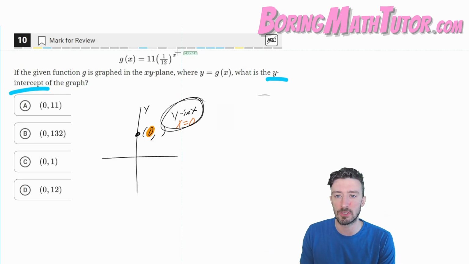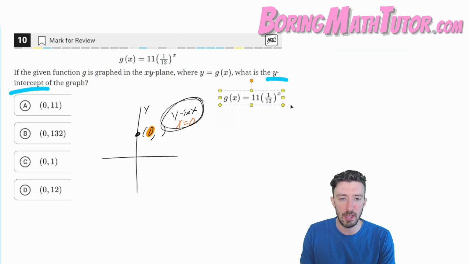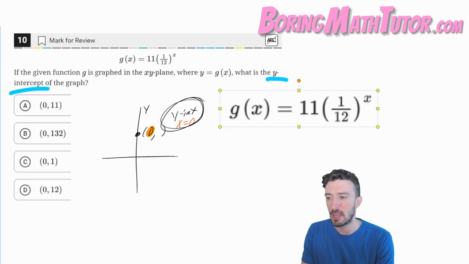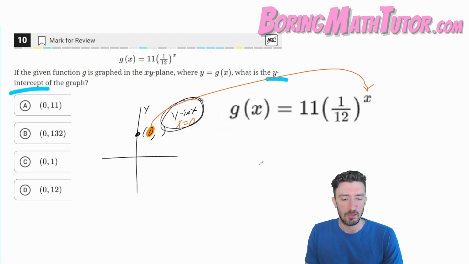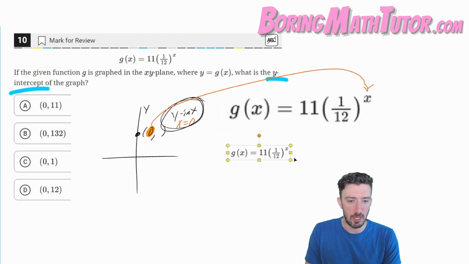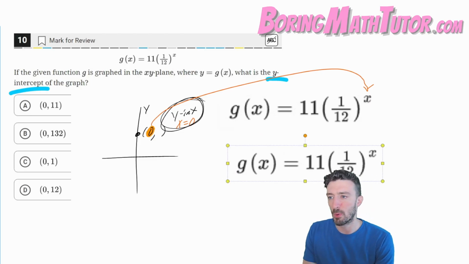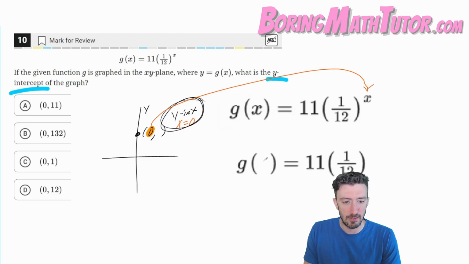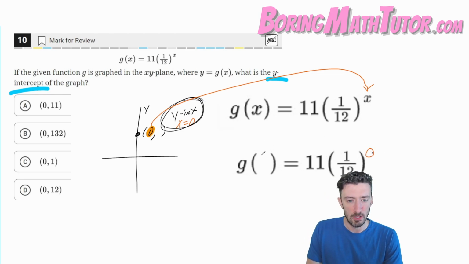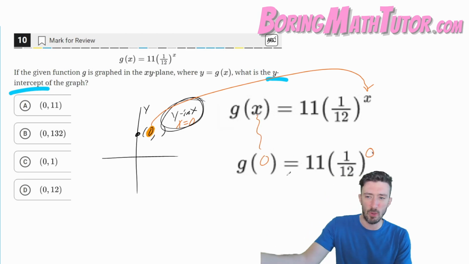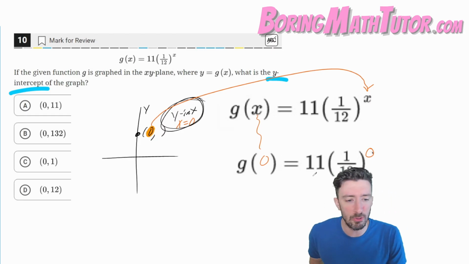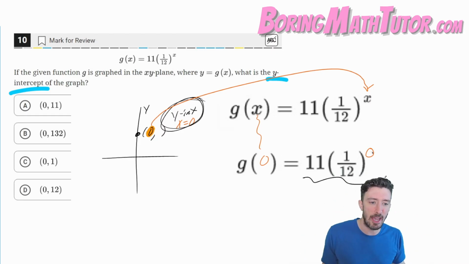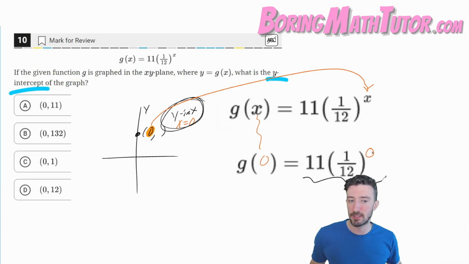So, all right, let's take our equation and then let's throw in a 0 for the x. Let's just copy that equation one more time, but wherever we see an x, we are now putting 0. So I'm putting 0 where I see this x as well. Doesn't really matter, that's just a notation thing. But the most important side is this side where you have something raised to the 0.